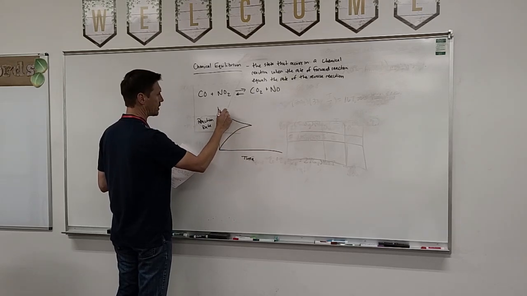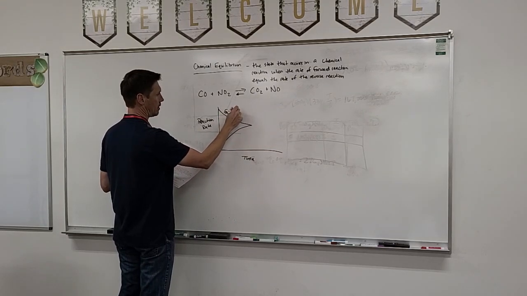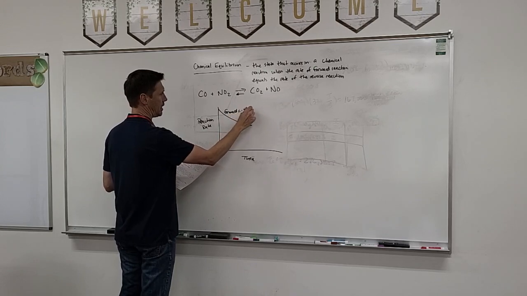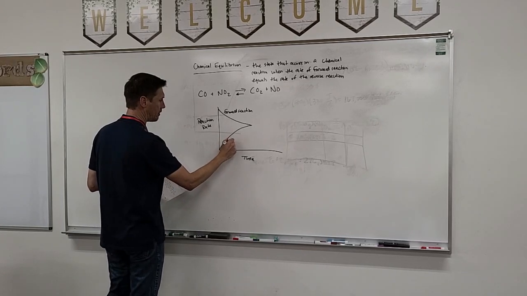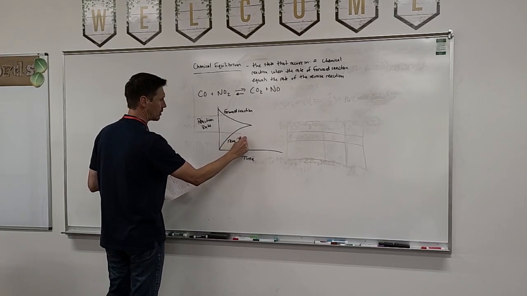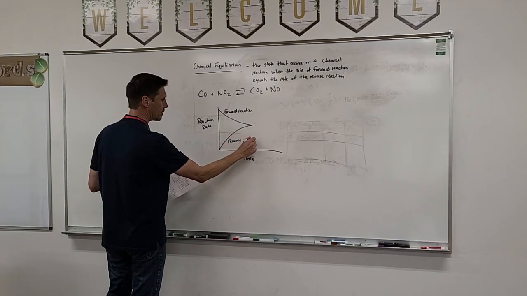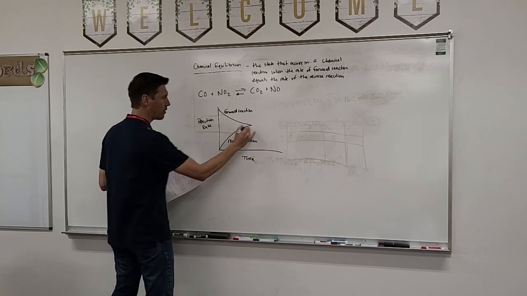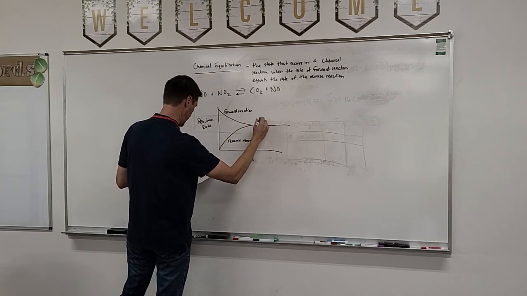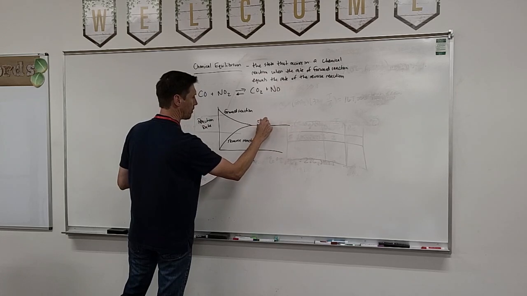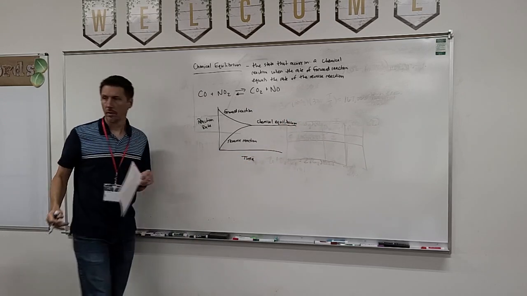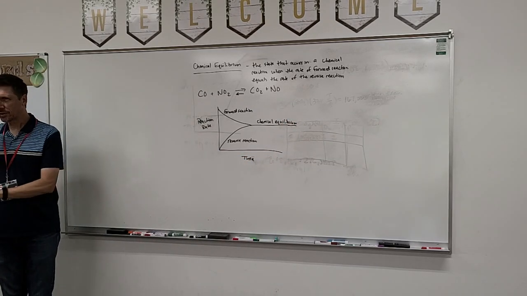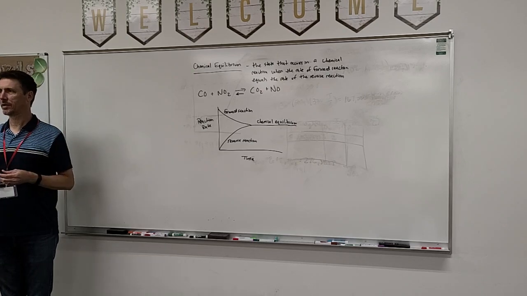So this is our forward reaction right here. And once it begins to make products, then you can start having the reverse reaction. But at some point, the reaction rate of both will equal one another, and that's the state of chemical equilibrium. All right, so you guys understand the concept, right? You get what's happening?